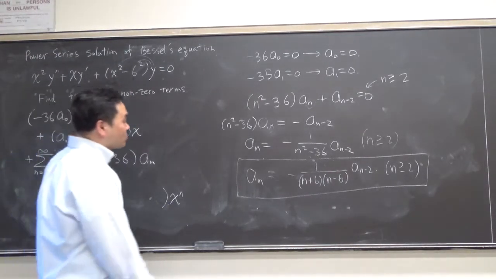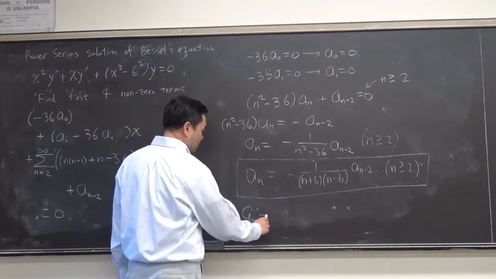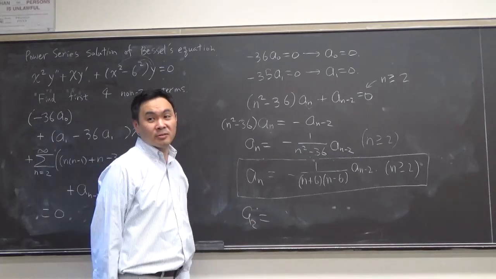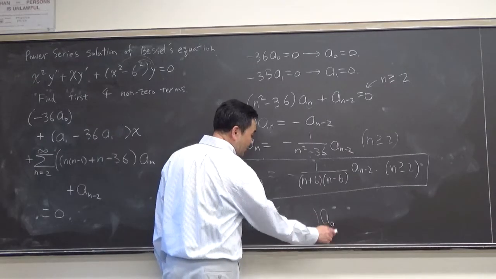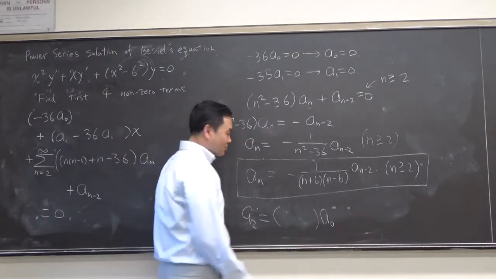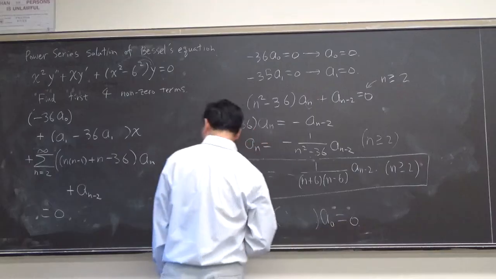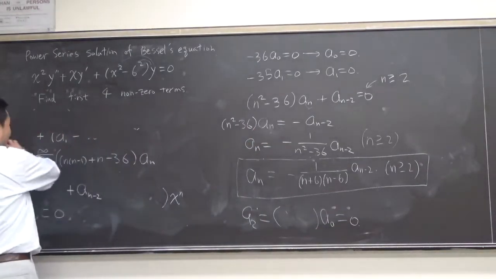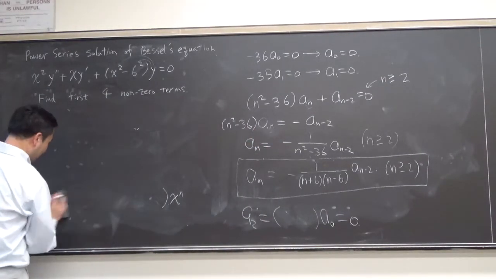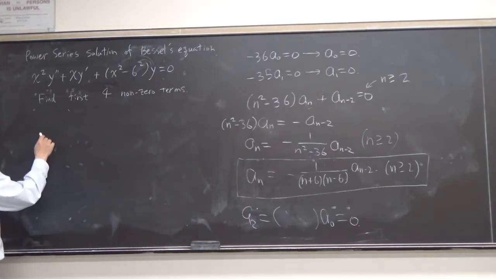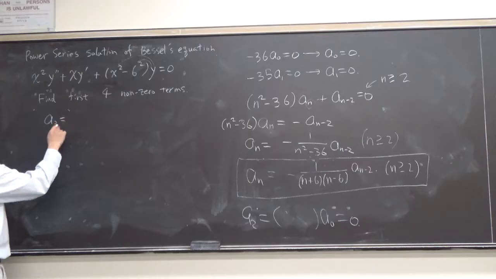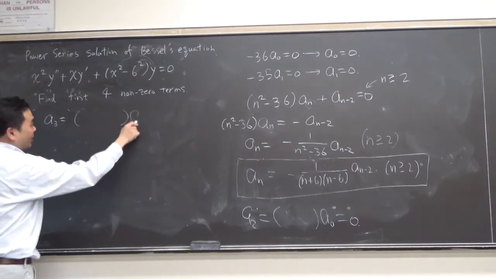Okay, so what's a2? a2 is something times a0, right? Well, what's a0? 0. Uh-oh. Does that mean everything is 0? Is it just the evens that would be 0 then? Oh, let's keep going. a3 is something times a1, right?